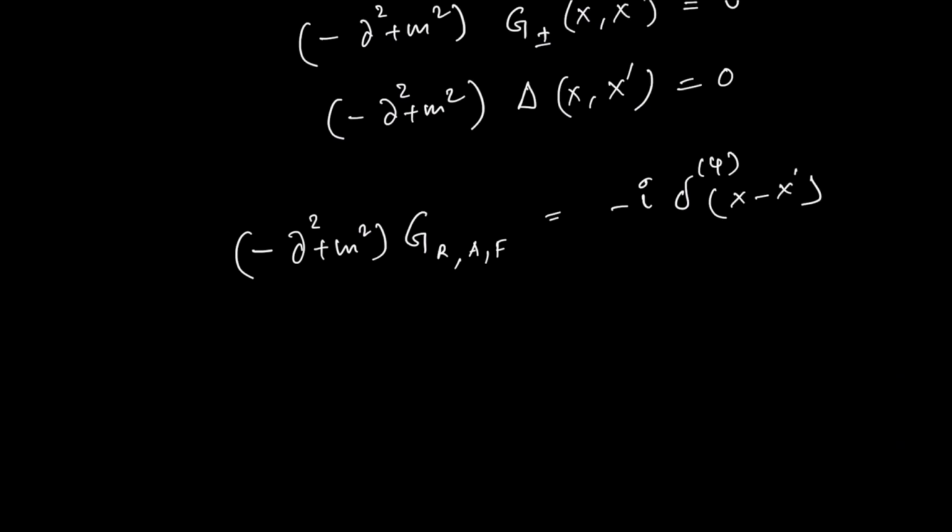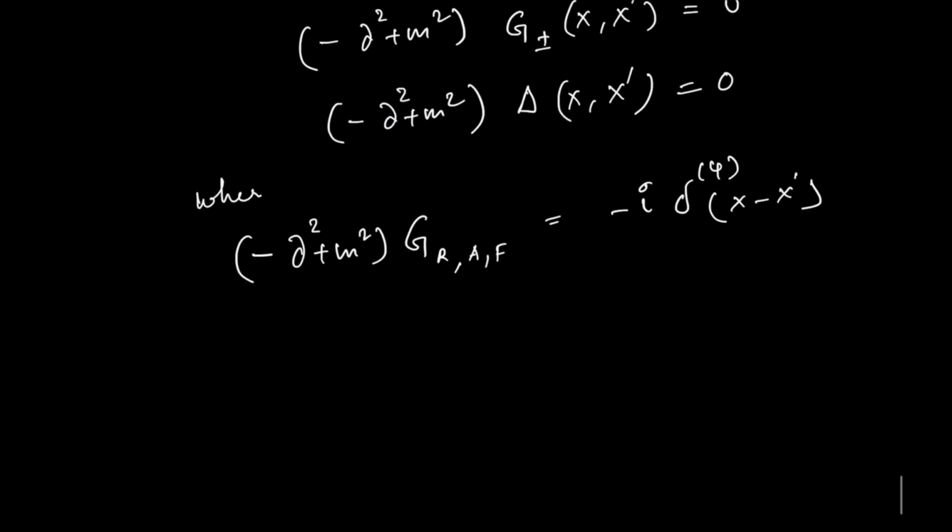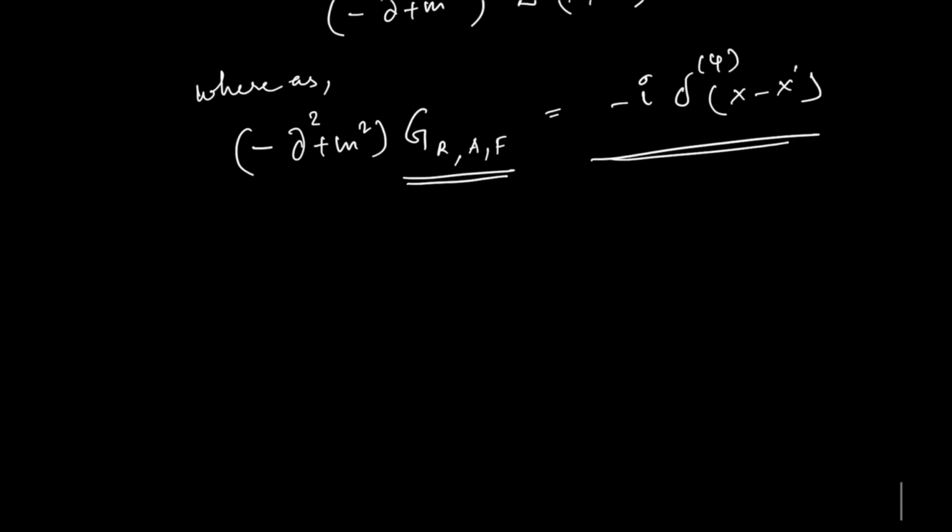It's not 3-dimensional, it is 4-dimensional. Okay, so this is a 4-dimensional delta function both in space and time. Okay, whereas GR, GA, GF obey this, which is a 4-dimensional delta function.